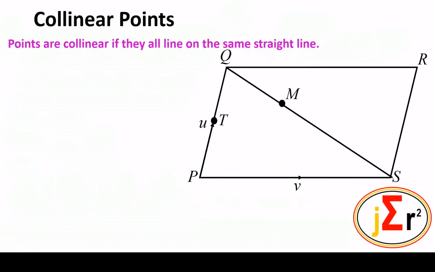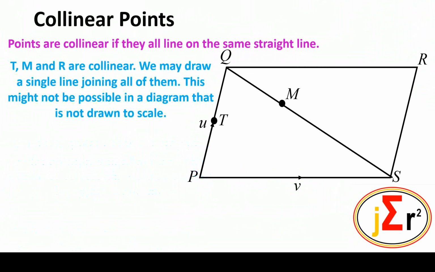Now, let us go closer to showing that the points are collinear. Points are collinear if they are lying on the same straight line. T, M, and R are collinear. We may draw a straight line joining all of them. That's what it means by saying that they are collinear.